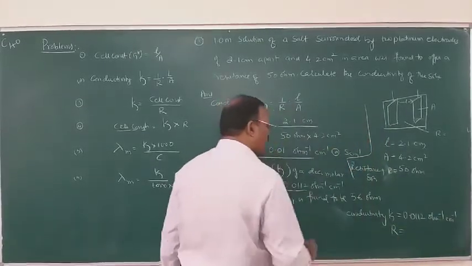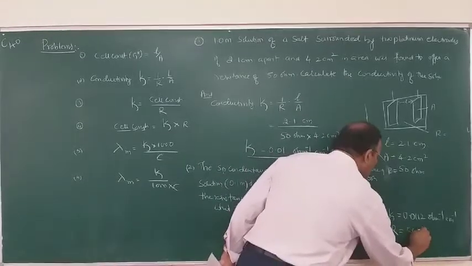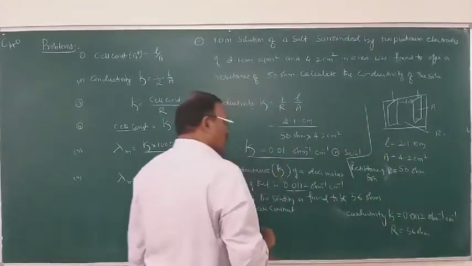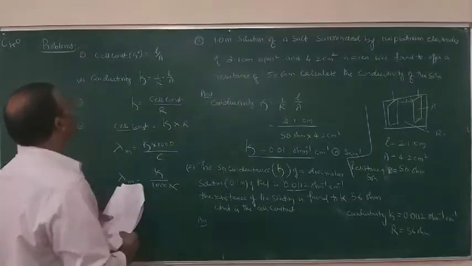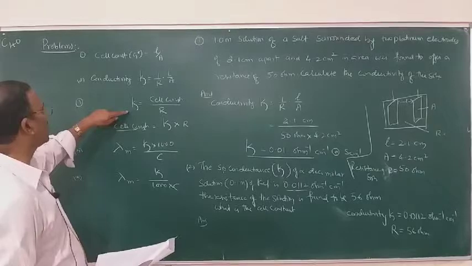Resistance of the solution R is 56 ohm. What formula do you have to use? You have to calculate cell constant.